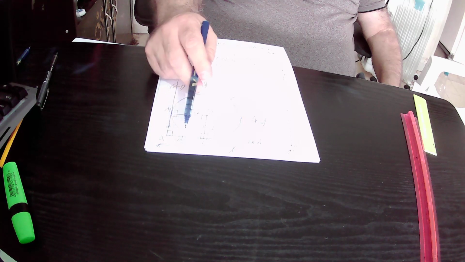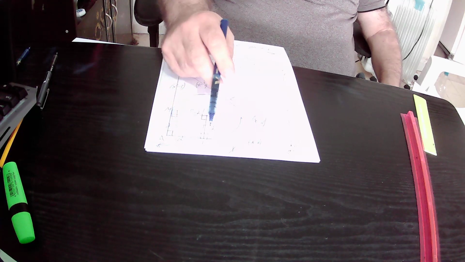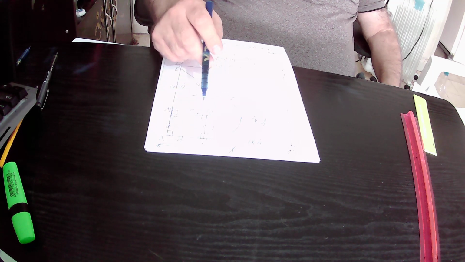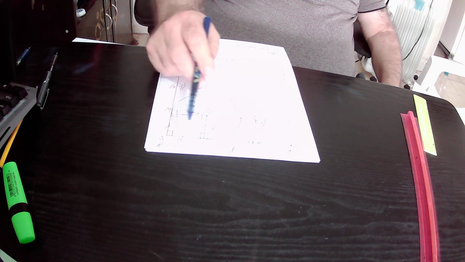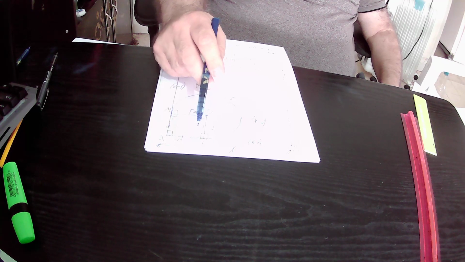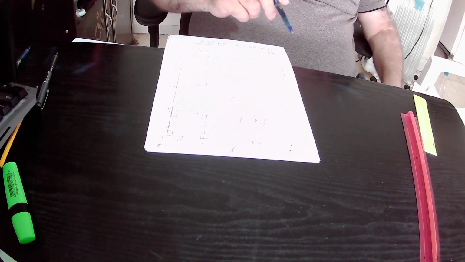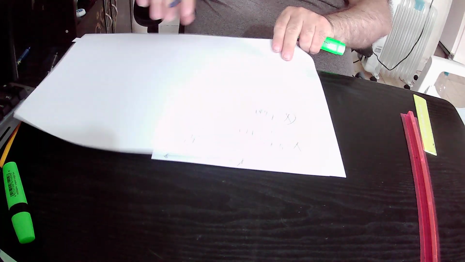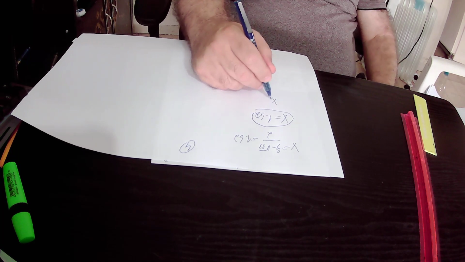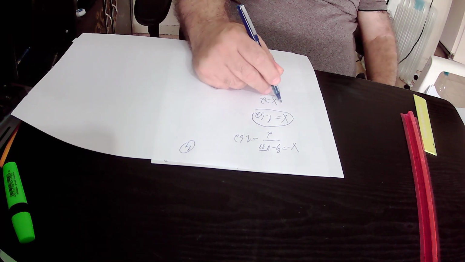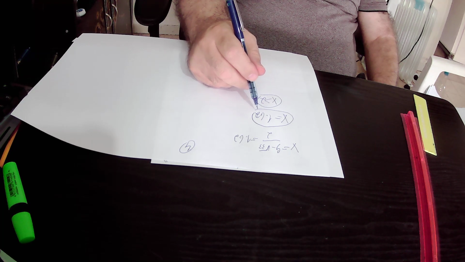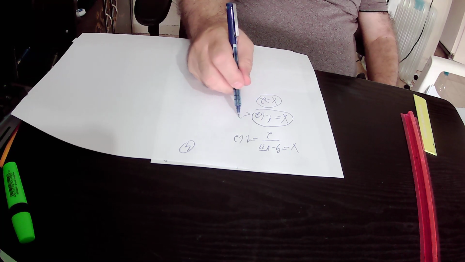Therefore, AB must be greater than AL. So if x must be greater than AL, it means that x must be greater than 2 units. And x equal to 1.62 units is less than 2 units.